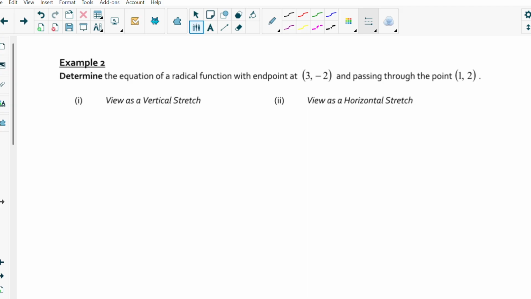Determine the equation of a radical function with endpoint at (3, -2), and passing through the point (1, 2). So let me draw a set of axes here. (3, -2), (1, 2), (3, 1, 2).